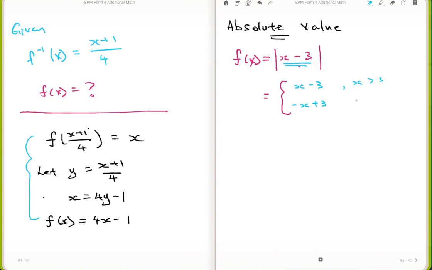And you should use the other one when x is less than 3. Alright? Now, to show it in graph form, it will be much easier to illustrate. Let me try it with a graph form.